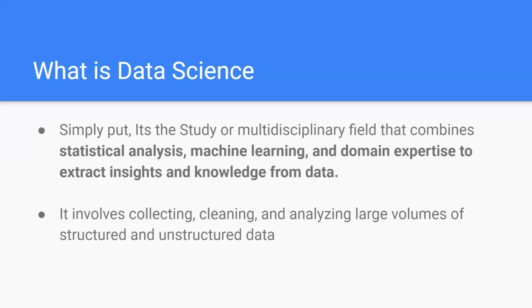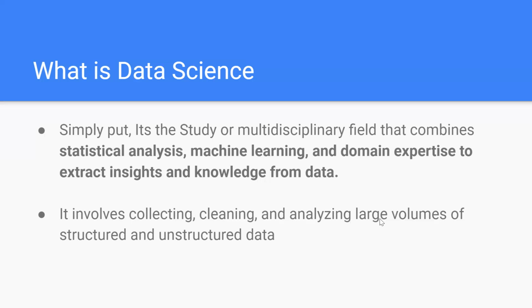Like for example, yesterday you used linear regression. What was it? It's basically a linear relationship between two variables, right? y equals mx plus c, right? So basically, we use statistics, we use machine learning, we use domain expertise. Domain expertise in the sense, for example, if I'm dealing with medical data, I must have some knowledge of the medical field, or at least of the data that I'm dealing with.